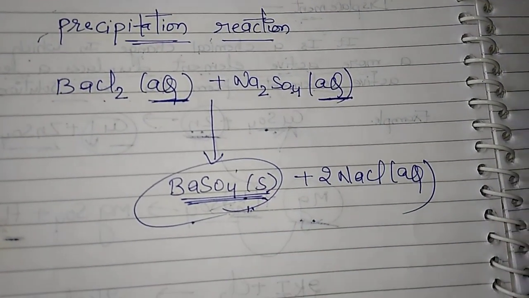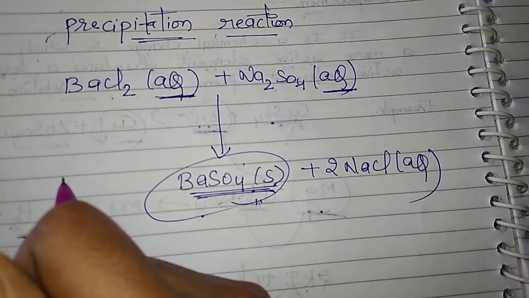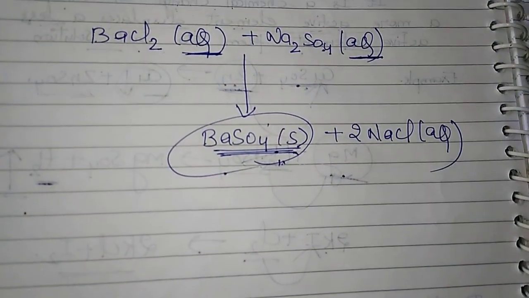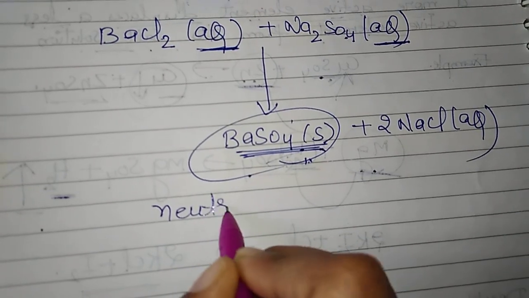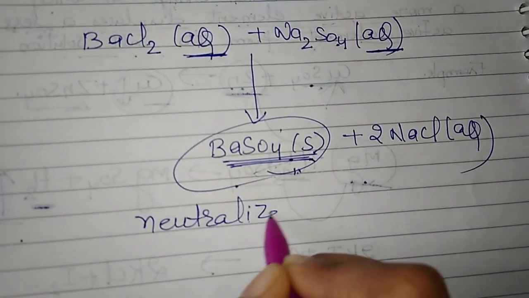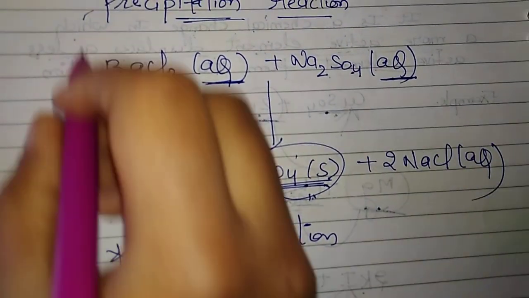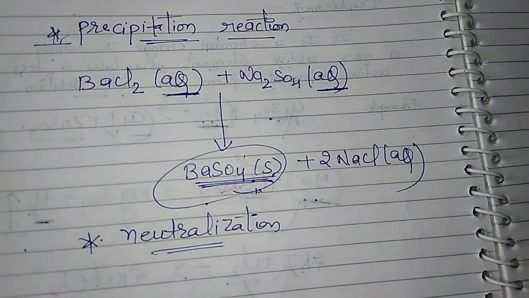This is the first category of double decomposition reaction. Its second category is neutralization. First is precipitation, second is neutralization.